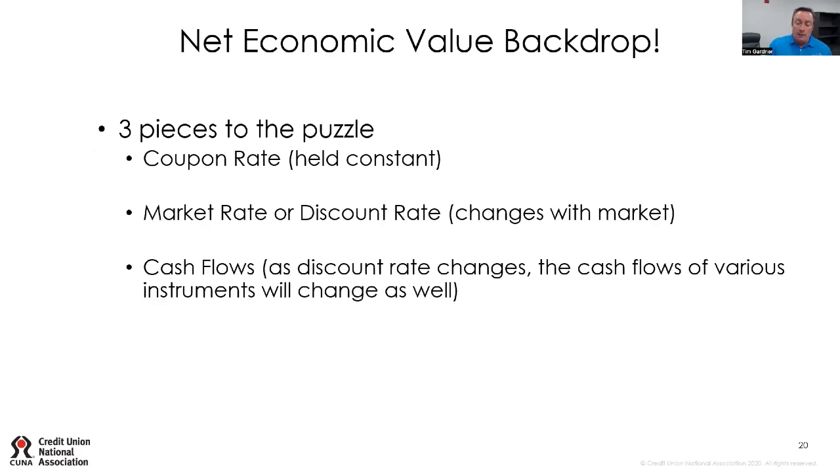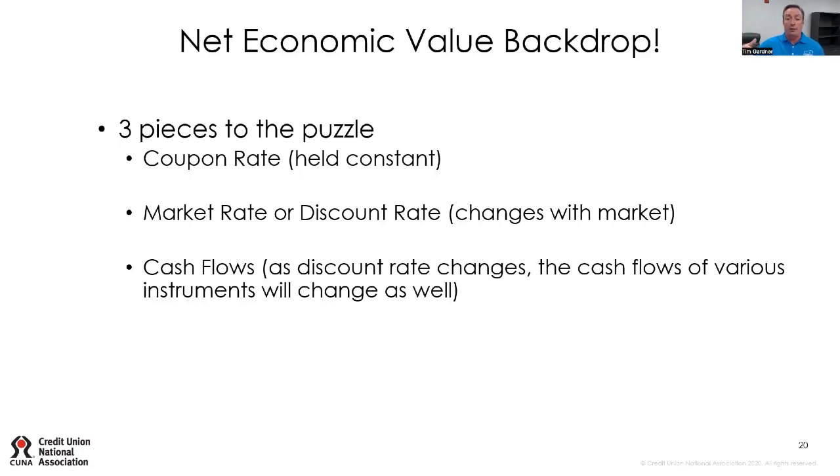And like we talked about, fixed rate loans and fixed rate investments tend to be the majority of what we buy in credit unions. If you have a variable rate product, like credit cards, HELOCs, maybe a variable rate investment, you're not going to show as much interest rate risk because the rate's just going to change with whatever the market rates are.